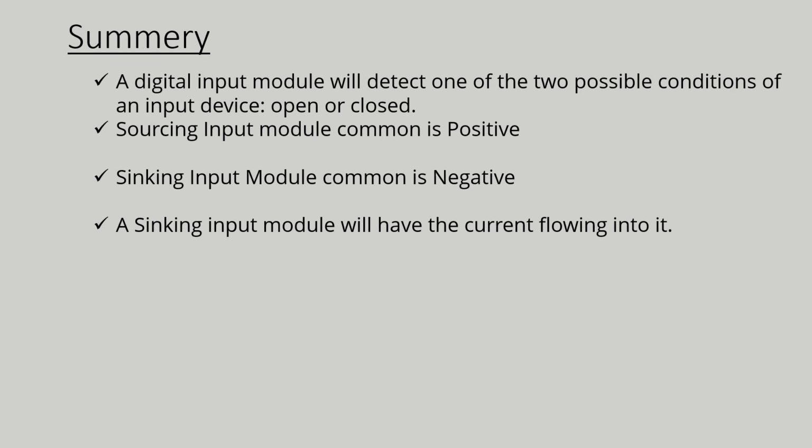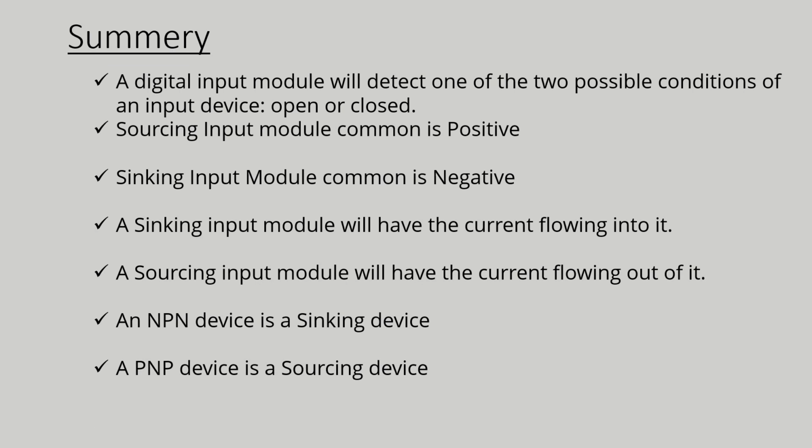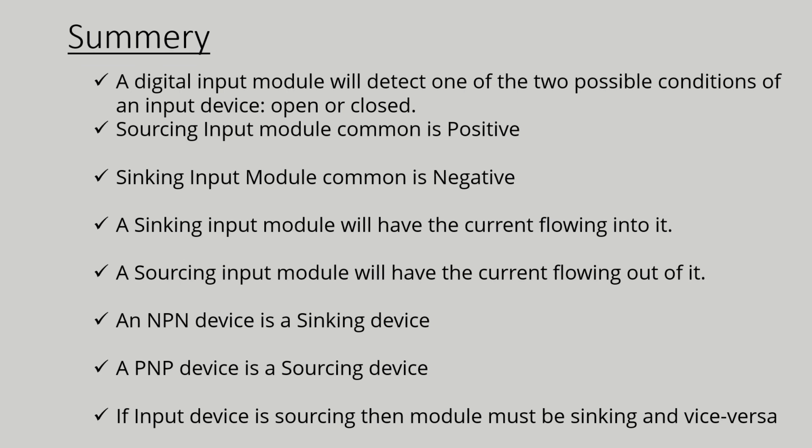A sinking input module will have the current flow into it. Sourcing input module will have the current flow out of it. An NPN device is a sinking device and a PNP device is sourcing. If the input device is sourcing, then the module must be sinking, and this is vice versa.